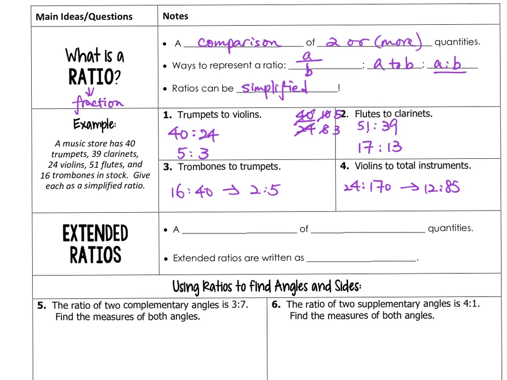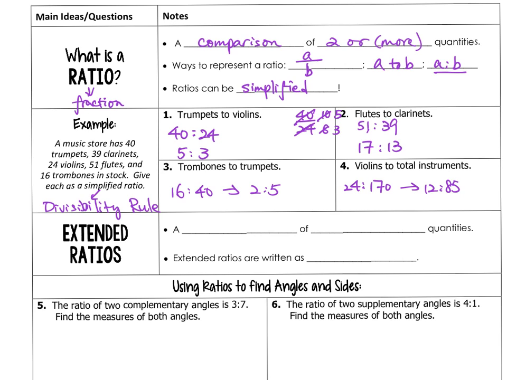So again, to simplify, you have to use the divisibility rules. Every number is divisible by 1, so you don't need to worry about 1.